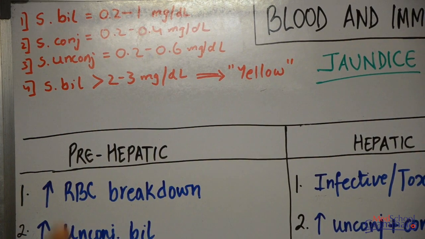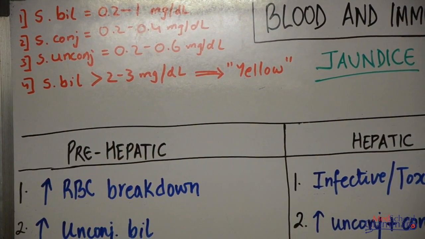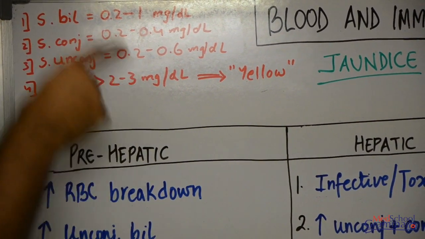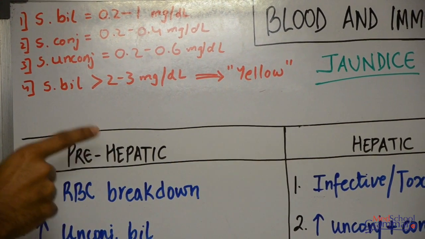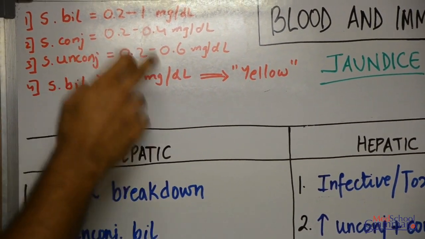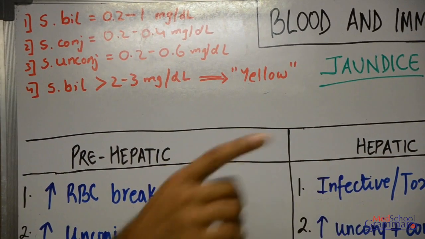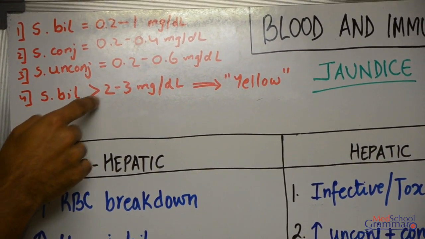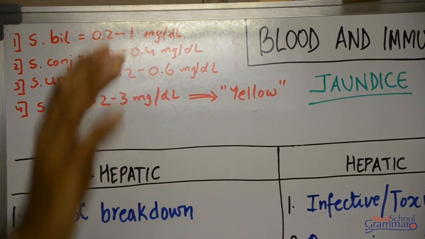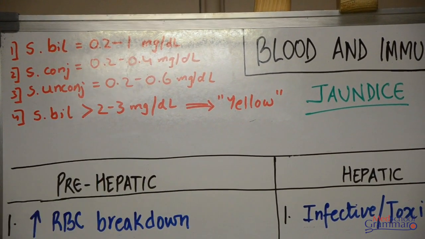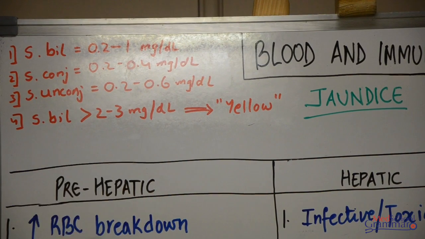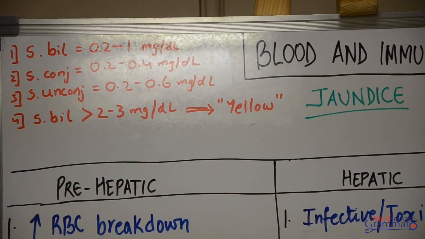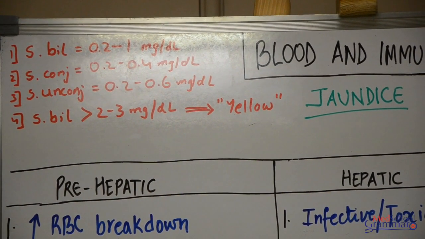These areas show yellow discoloration because of raised serum bilirubin levels. Yellowish discoloration is clinically seen only when serum bilirubin levels are above 2 to 3 milligrams per deciliter. Normally they are below 1 milligram per deciliter.